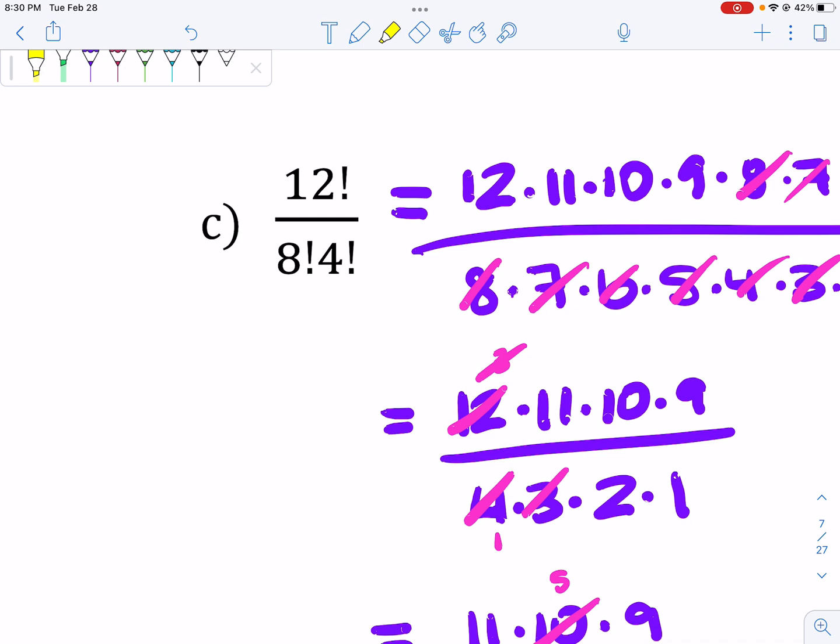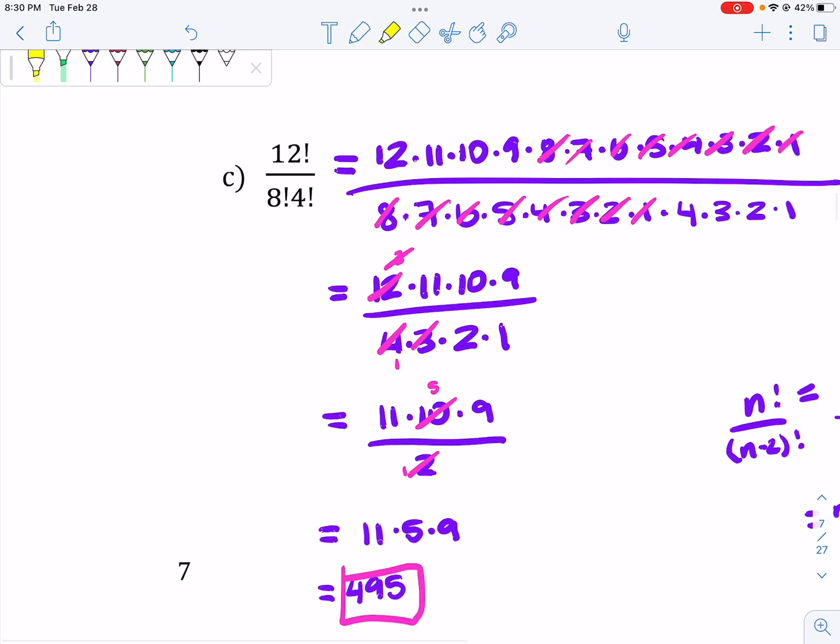So I'm going to go 12 factorial divided by open bracket, and then go 8 factorial, and then 4 factorial immediately next to it. Close that bracket, and I should also get that same answer of 495.